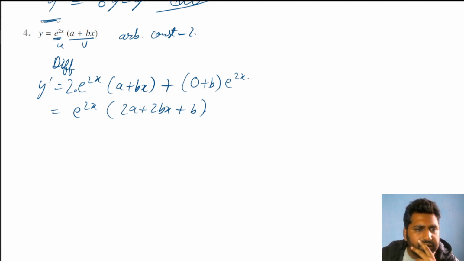Now I can differentiate it again, but the same problem will come. Even if I differentiate this directly without doing any manipulation, we'll still apply uv, and still a and b will exist. So we need to somehow manipulate this equation. Okay. So what should we do?